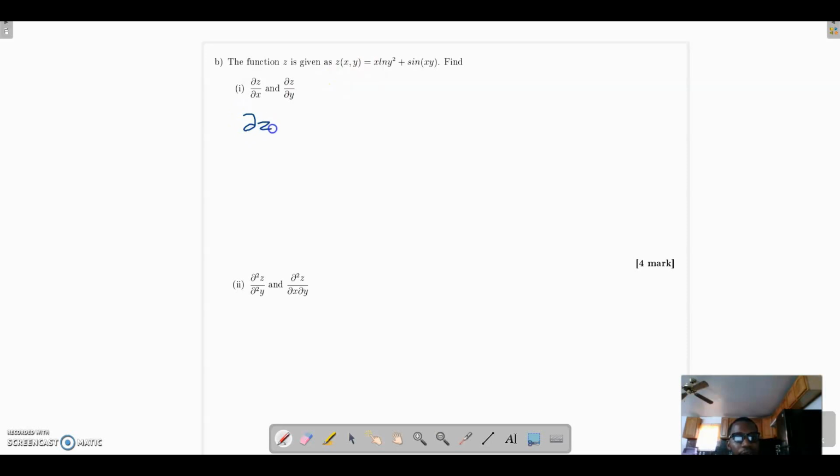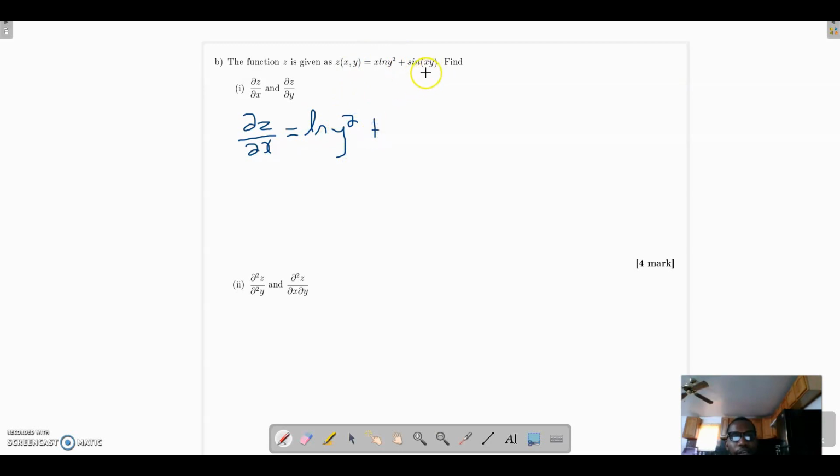So the partial derivative of z with respect to x means that I'm going to be treating y as a constant. So when looking at this function, the entire ln y squared is like 7. So you would ignore that. You simply differentiate x, which is going to give you 1, and the constant comes back. So you have ln of y squared.